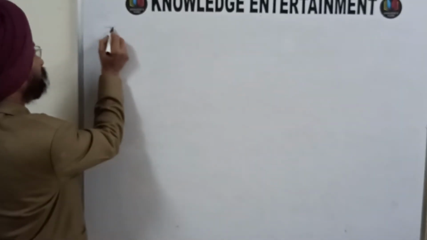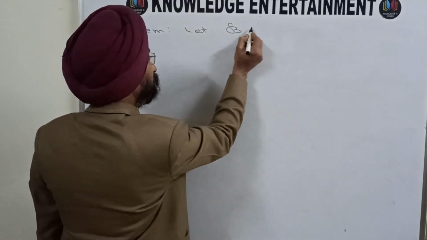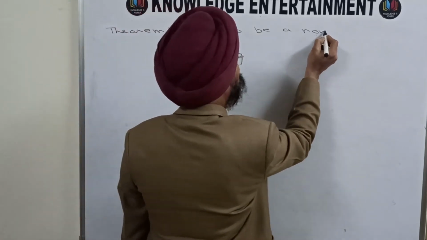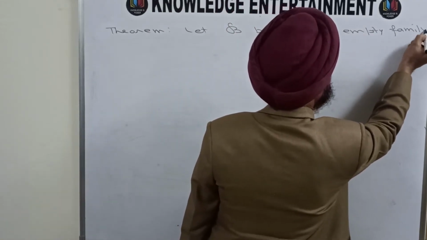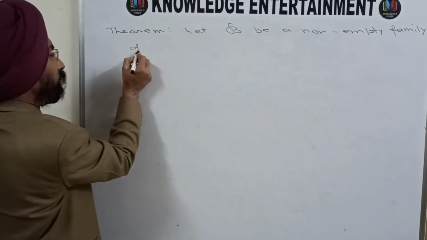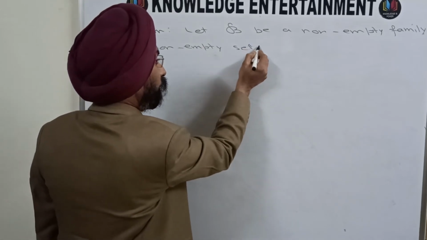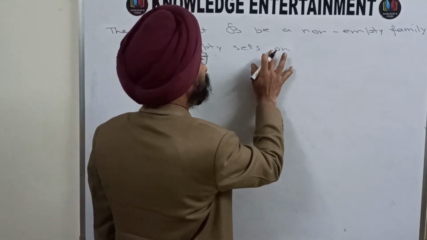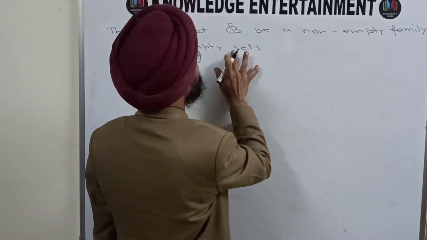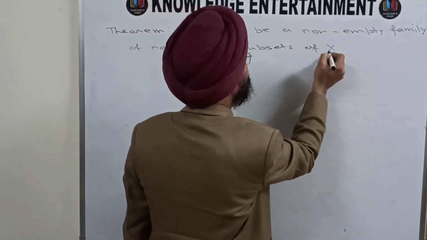Let us have one more theorem in this video. First write down the statement of the theorem and then we will prove it. The statement says, let B be a non-empty family of non-empty subsets of X, because X must be there.